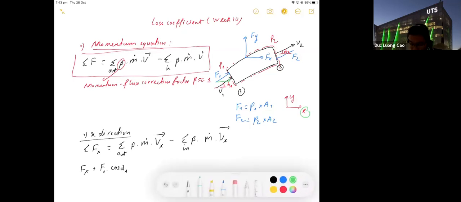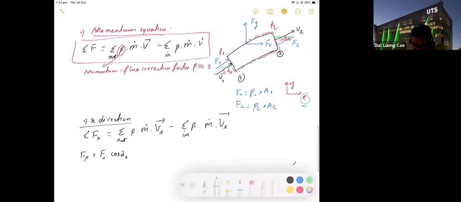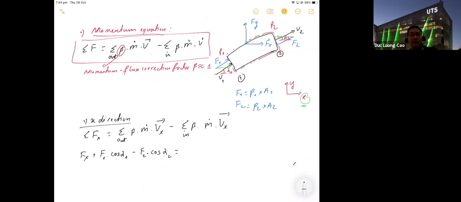F2x goes from right to left, opposite to the x direction, so F2x will be negative in this case. You will have minus F2x, which is F2 cos alpha 2, equal to beta m v out.